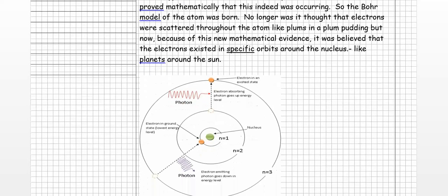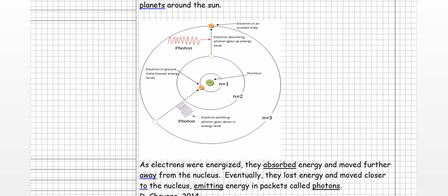Okay? So when electrons were heated and they fell into lower energy levels, eventually to specific energy levels, that was the explanation why when hydrogen gas was heated, those electrons were emitting only specific frequencies of light.